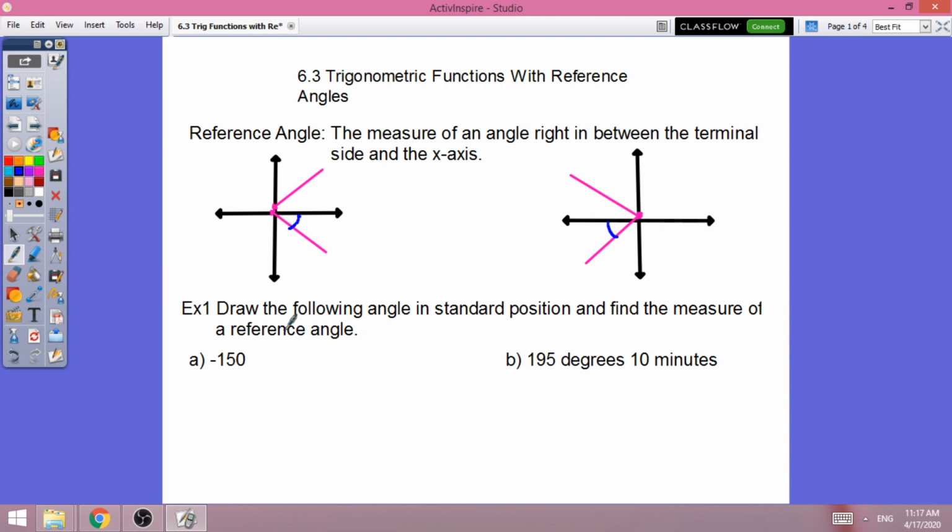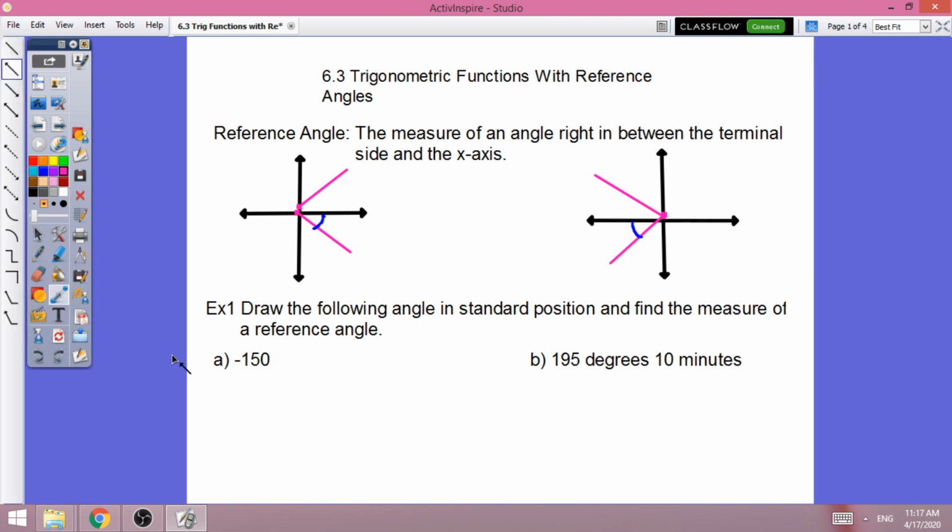Okay, so draw the following angle in standard position and find the measure of the reference angle. Negative 150, so let's draw the angle here. Let's start with the x-axis and the y-axis.